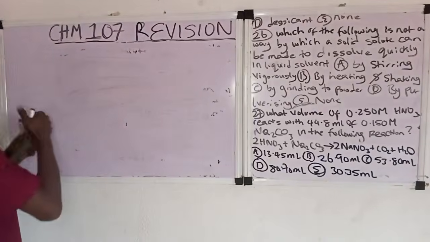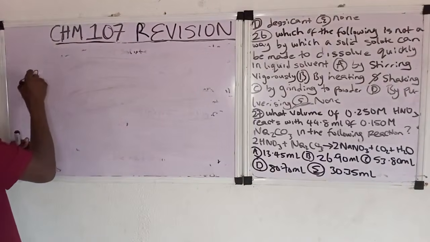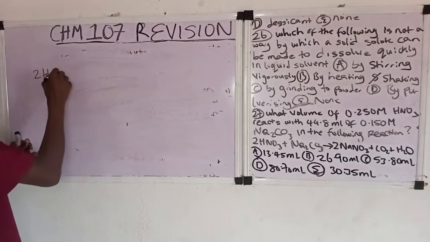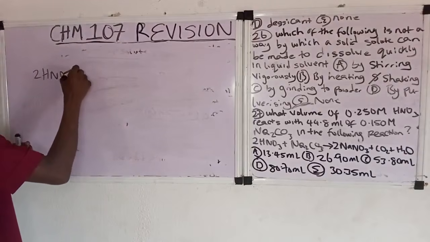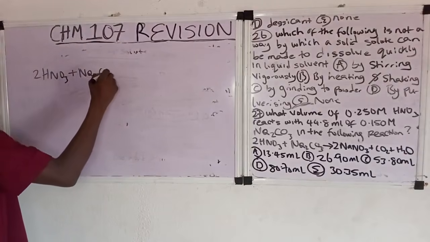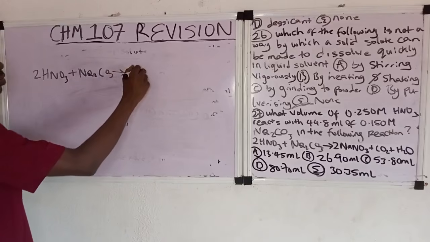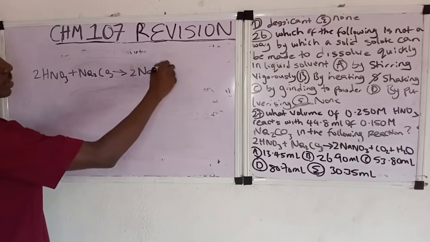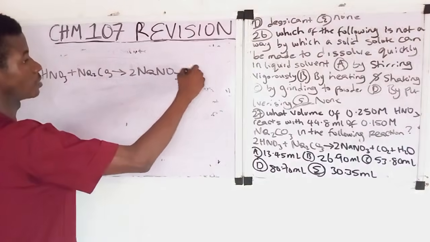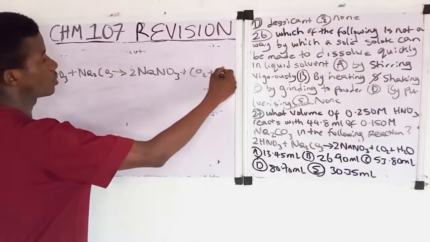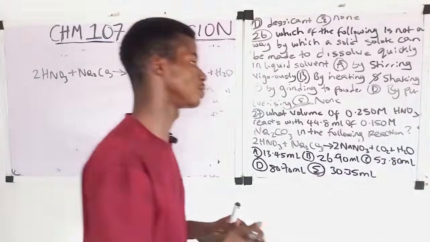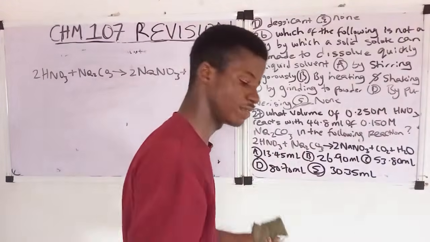So this is the reaction: 2HNO3 reacted with Na2CO3 to give 2NaNO3 salt plus CO2 plus water. They're asking us to look for the volume of the acid, which is very easy.